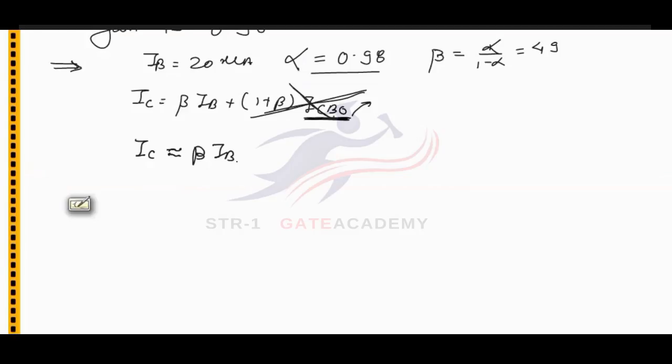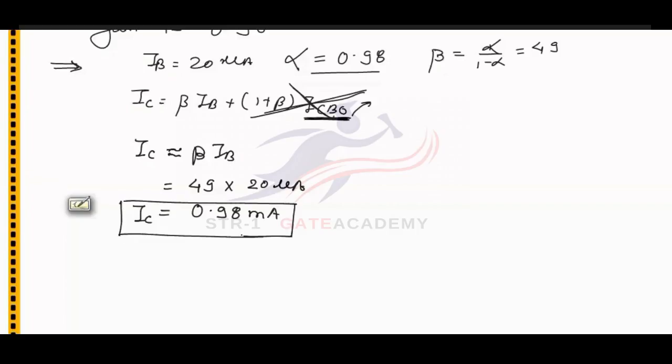Putting beta as 49 and IB equal to 20 microamperes, it will be 0.98 milliamperes. So the collector current IC for the transistor will be 0.98 milliamperes.